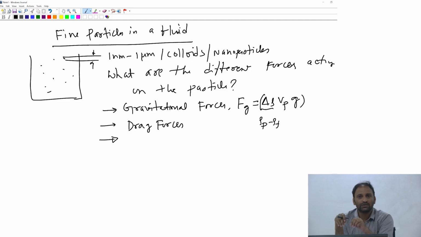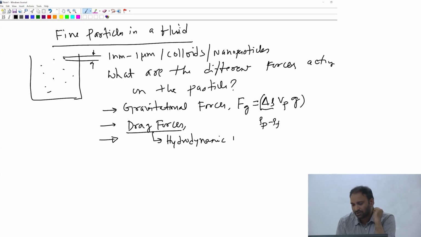They were moving around because of what is called Brownian motion. Whenever there is a relative motion between the particle and the fluid, your drag force comes into picture. There's also another term for it, called the hydrodynamic force. You can also call it hydrodynamic drag.